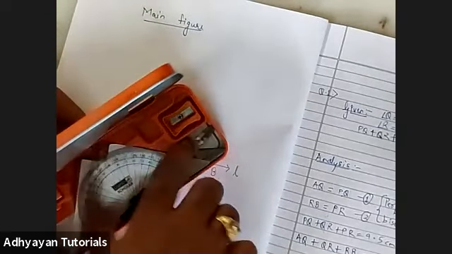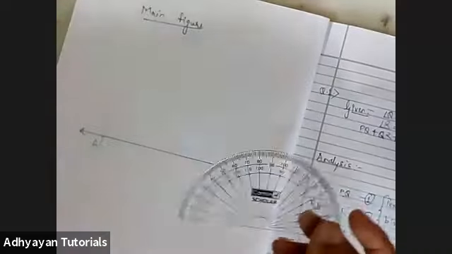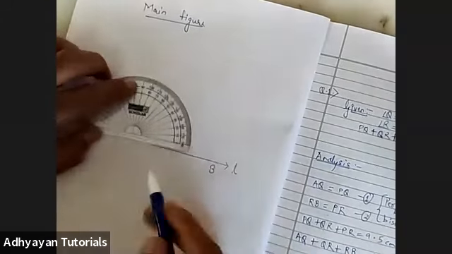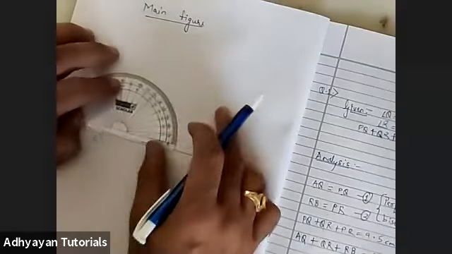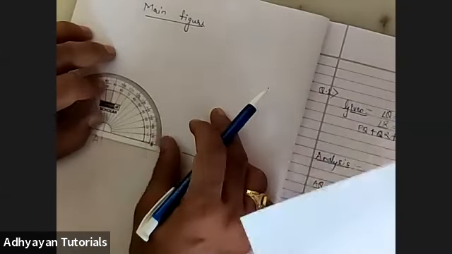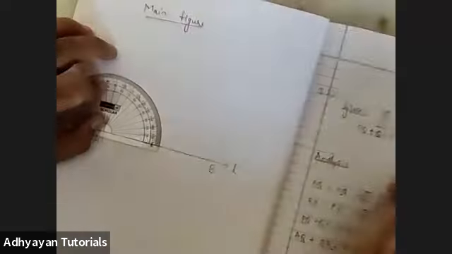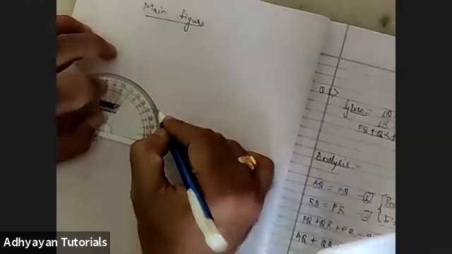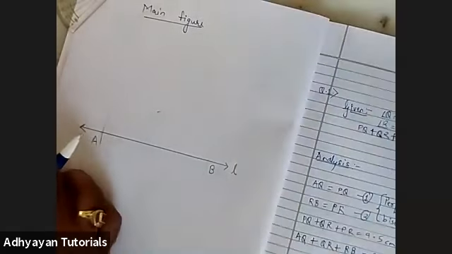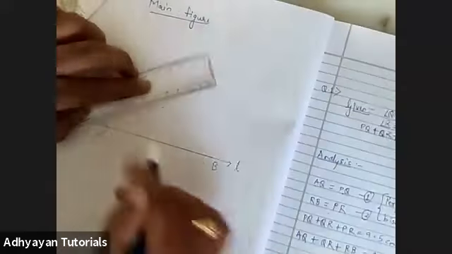Okay, so we take this protractor with us to measure 35 degrees at angle A. I placed it here on angle A. I'll take a measure of 35 degrees here, right? Then you draw it.